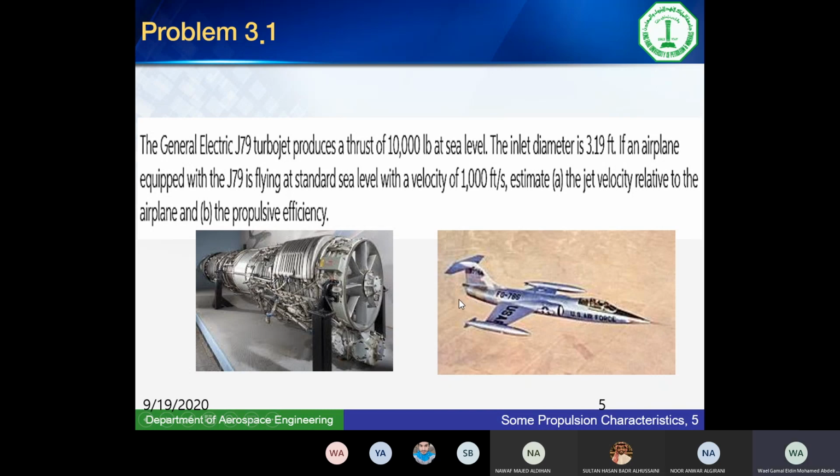Okay, that's the first question. The second, find the propulsive efficiency. If you remember last time, we defined the efficiency of a turbojet engine. We actually derived the expression of the efficiency of the engine, and we're going to talk about it when we get to the second part of the problem. Is the problem clear?